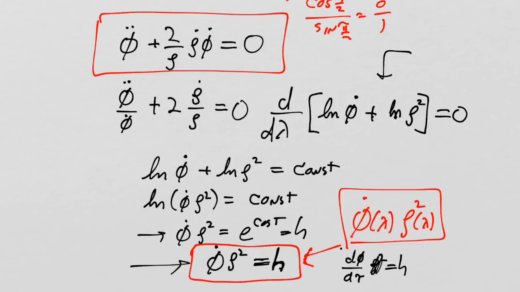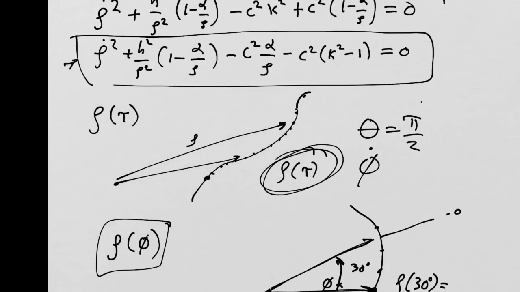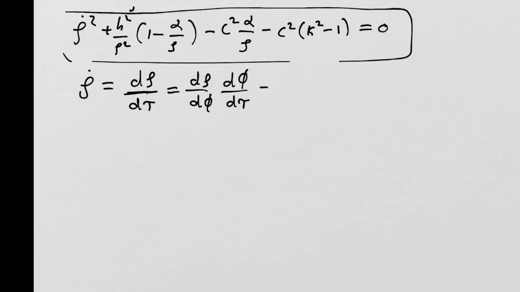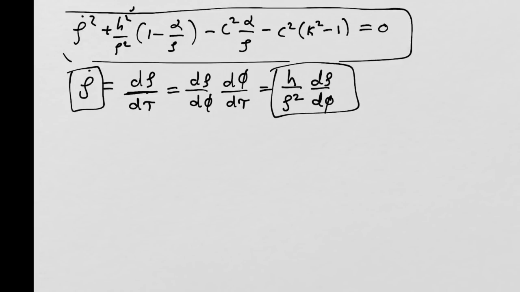So d phi d tau equals h over rho squared. So we are going to write this as h over rho squared d rho d phi. So everywhere I see a rho dot, I can substitute this.